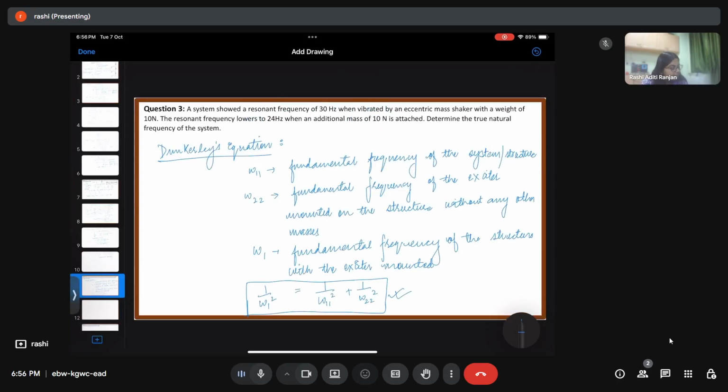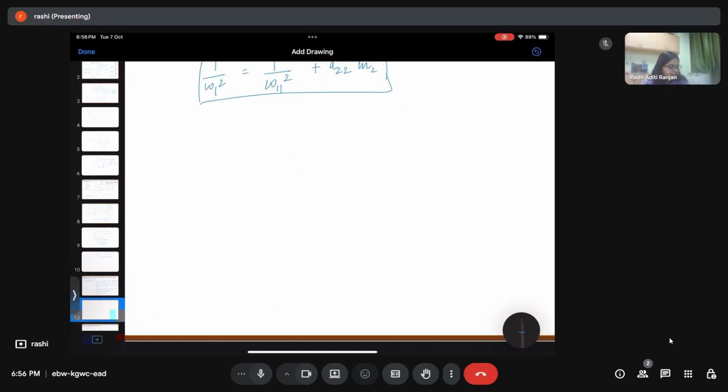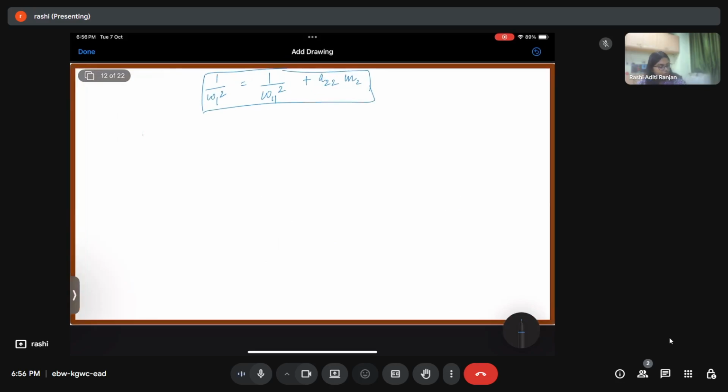So we have that resonant frequency of 30 Hertz when vibrated by an eccentric mass shaker with a weight of 10 Newton. So first we have structure plus shaker or exciter of 10 Newton.